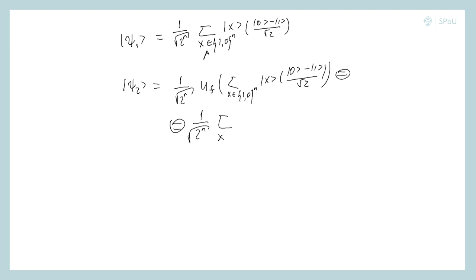sum over all possible values of the n-bit string, minus 1 to the power of f of x, on the state of the second qubit (|0⟩ minus |1⟩) divided by square root of 2.